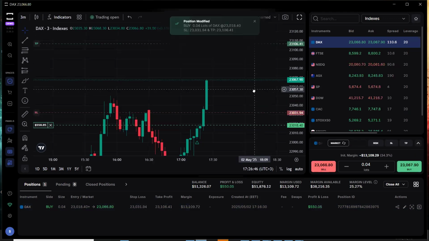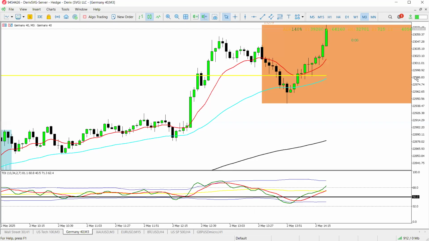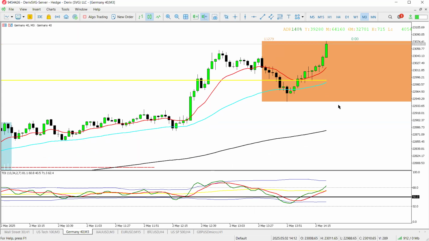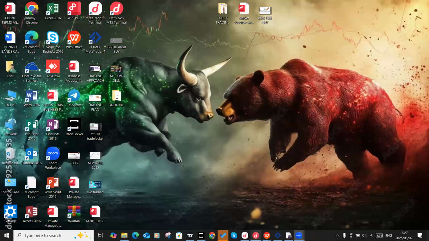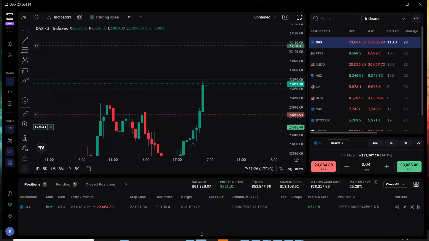Trailing the stop loss. Right, we're currently on 1% in profits, very close to the target we want.